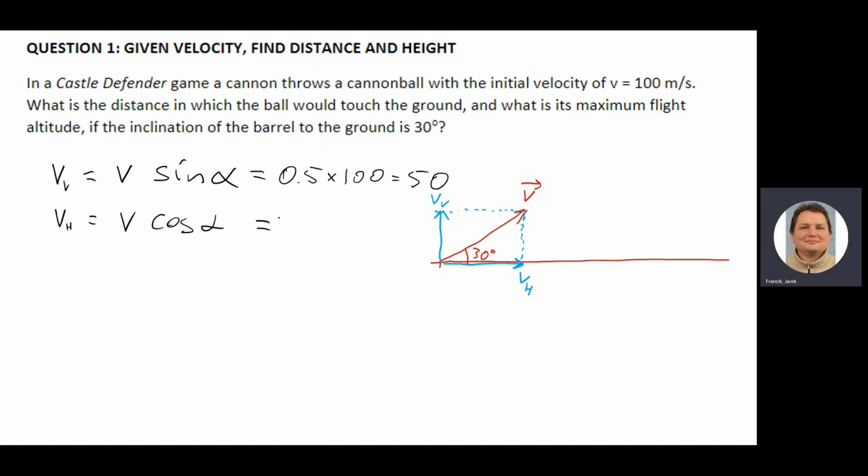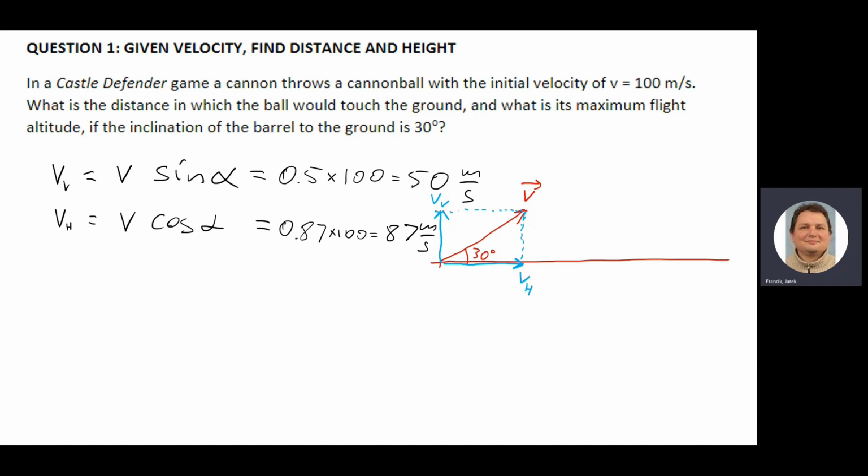And cosine alpha, if this was an in-class test question, you would get information that you should apply the value of 0.87 as the cosine times 100, it's 87 meters per second, and here meters per second. And these are very important initial calculations.